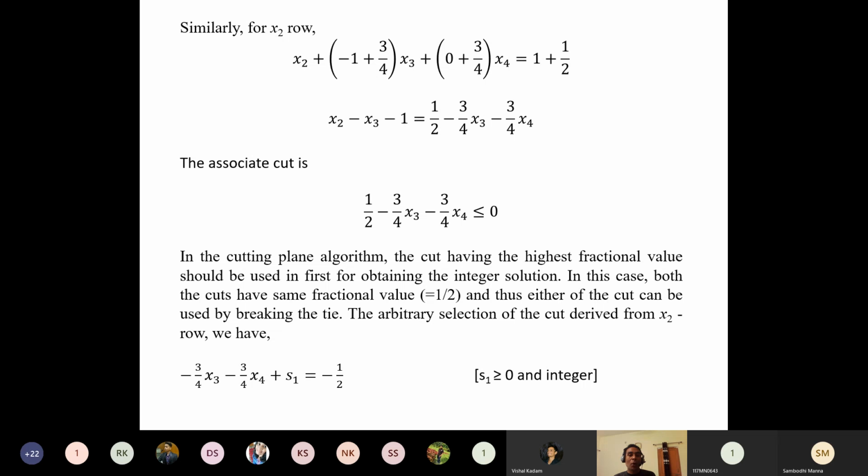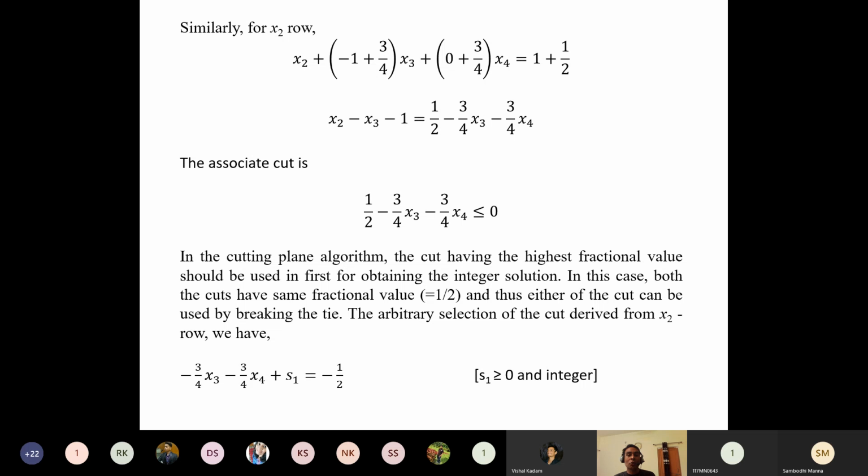So that's what we did: x2 plus minus 1 plus 3/4 x3, that means minus 1/4 x3, and 3/4 x4, so this is 0 plus 3/4 x4 equal to 1 plus 1/2. In a similar way, we make all the integer values on the left hand side, and we get x2 minus x3 minus 1 equal to 1/2 minus 3/4 x3 minus 3/4 x4. The associated cut should also be less than or equal to 0.